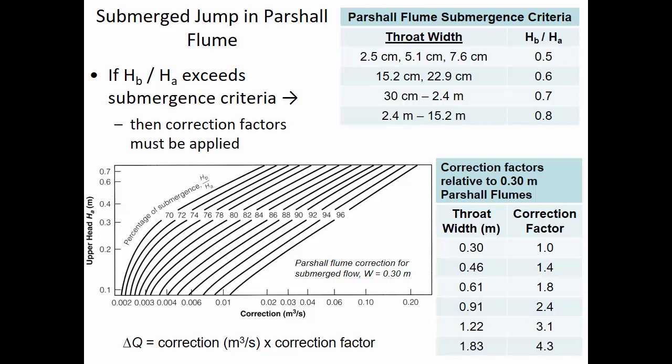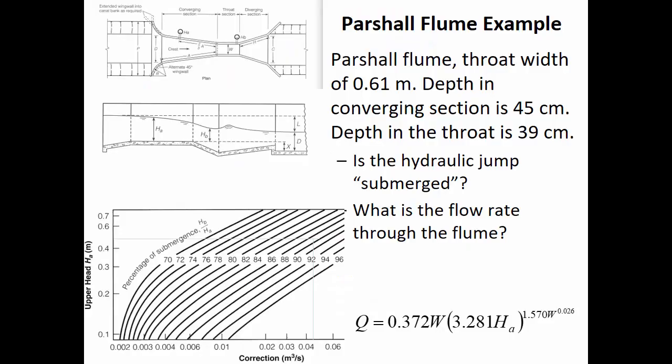All right. So first things first, in our specific example, let's take a look at what is the percent submergence. The depth in the converging section is 0.45 meters, and that's the H sub A. The depth in the throat is our H sub B, and that's 0.39 meters.